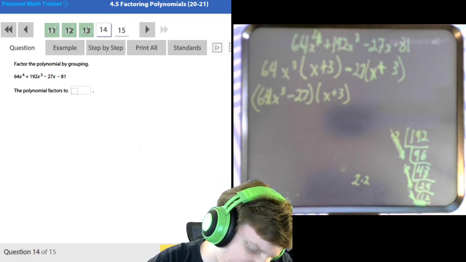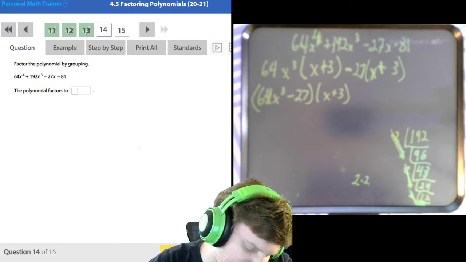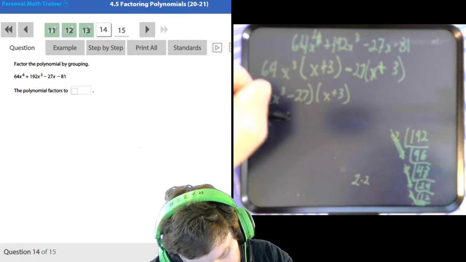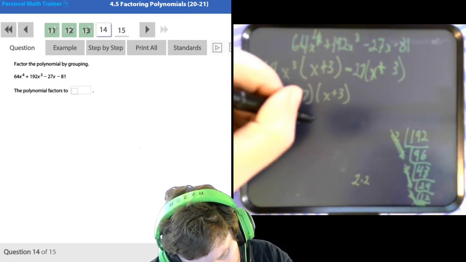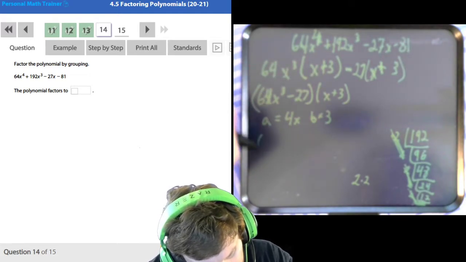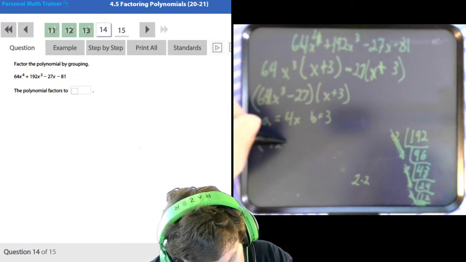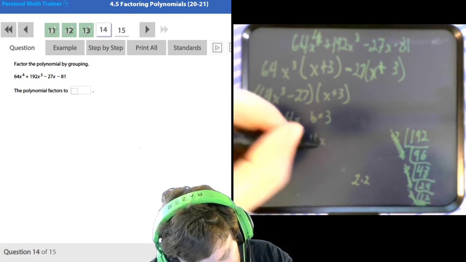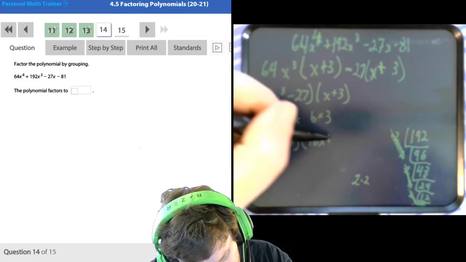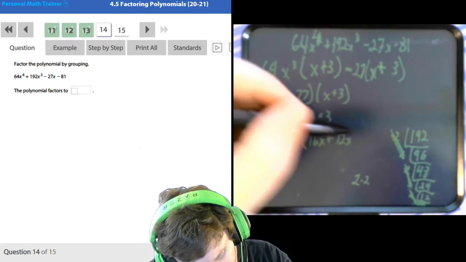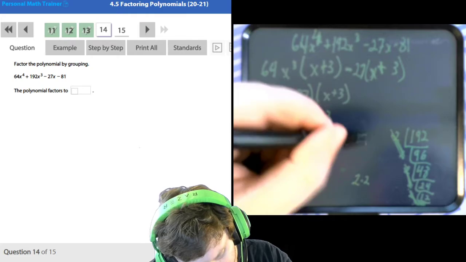And 27 is, lucky us, 3 cubed, which means this is a equals 4x and b equals 3. So this is a difference, so 4x minus 3, 16x squared plus 12x plus 9.